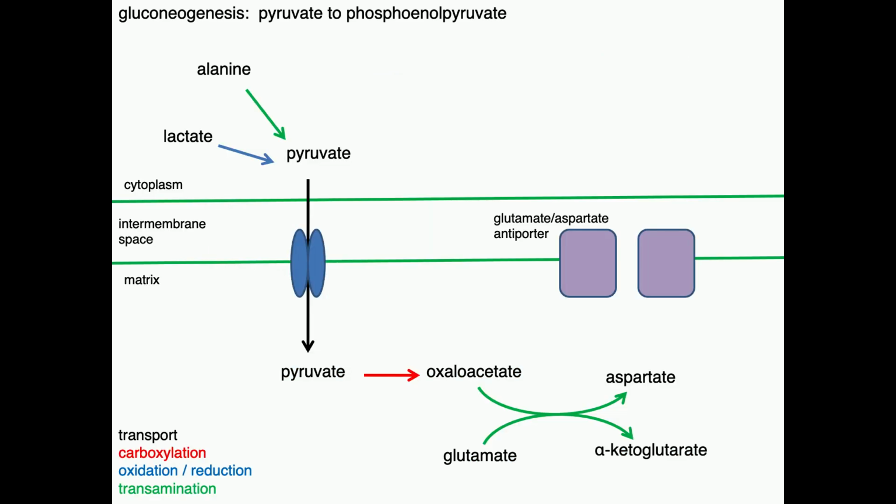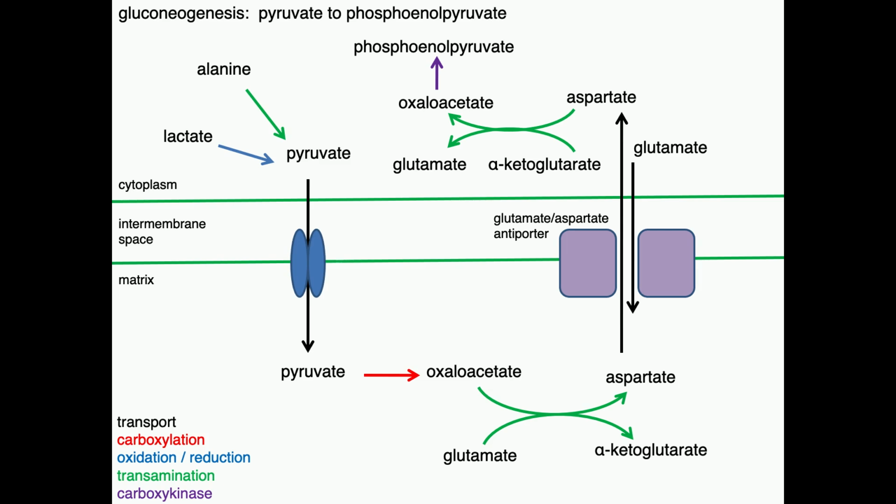So in order to get from the oxaloacetate in the mitochondria to the oxaloacetate in the cytoplasm, the oxaloacetate can either be transaminated into an amino acid, aspartate. In this case, the aspartate is leaving the mitochondria through an aspartate glutamate antiporter.